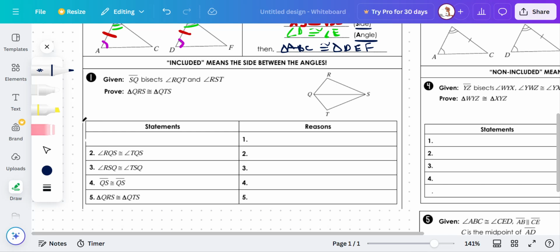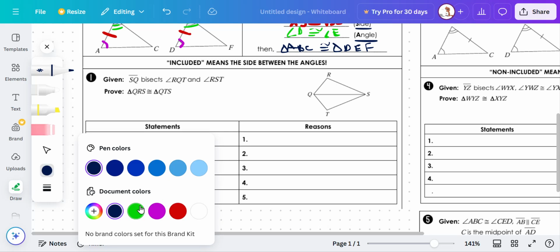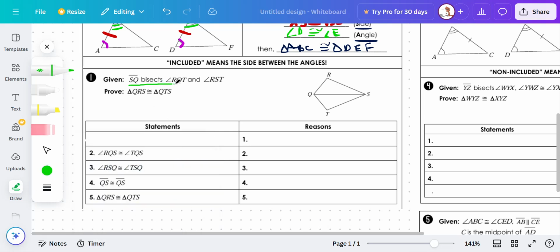All right. So this is what this can look like. We have 2 pieces of information I can count. We know that SQ bisects RQT. RQT is that angle right there, and this is bisecting it. So we know it's cut into 2 equal parts. So how do I know that RQS, which is the top angle, is congruent to TQS, the bottom angle?